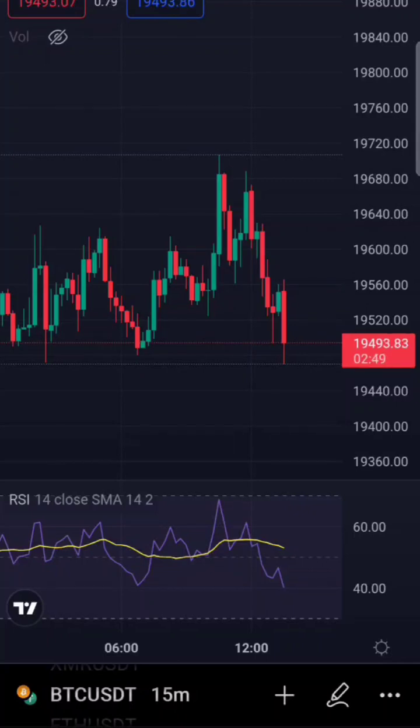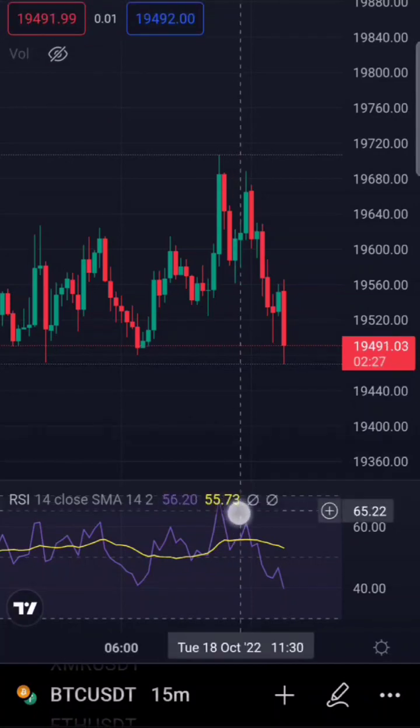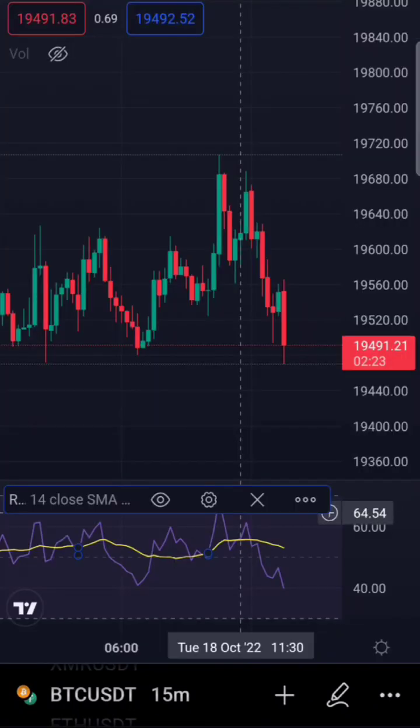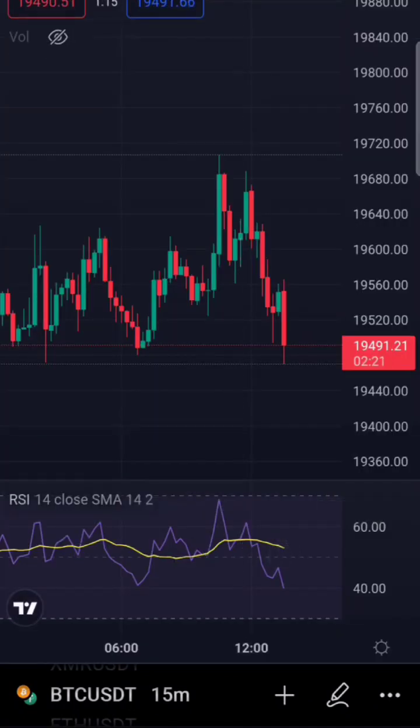If you have not watched that video, you can use the link I will drop in the video description to see how to use RSI to determine the direction of the market. You can see very well that this RSI touched the upper band here, and after touching this upper band, the price started dumping.